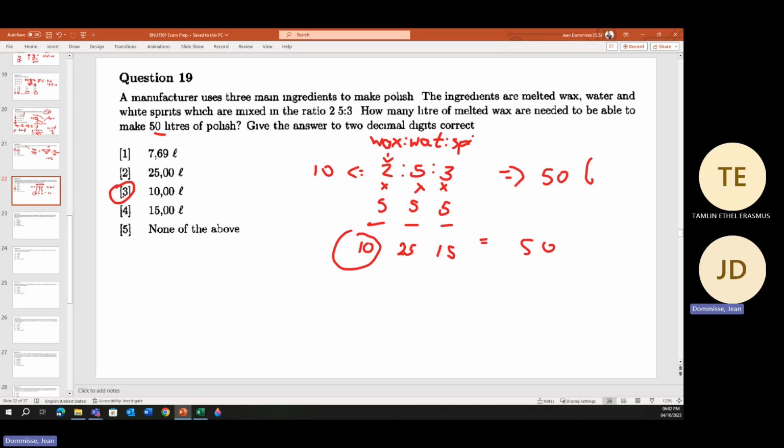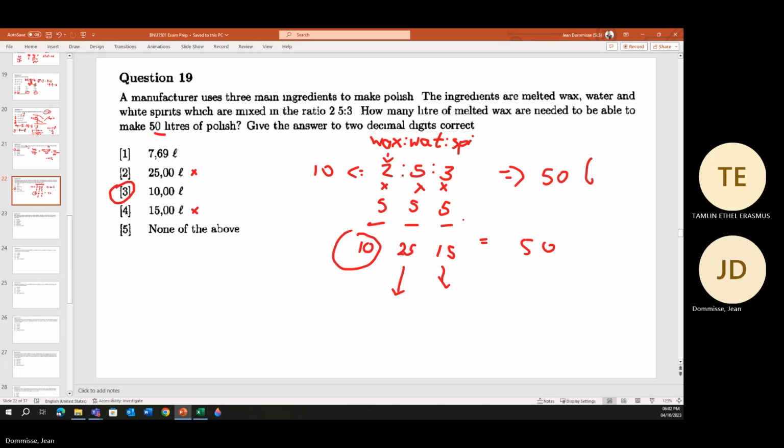And you can see, if you misread it, we've got the water one. If you misread it, we've got the white spirit one as well. So nearly all the other options are also available for you to get it wrong, unfortunately. Okay, so that is one where they give you a ratio, they tell you how many liters you need, and you need to split it accordingly.